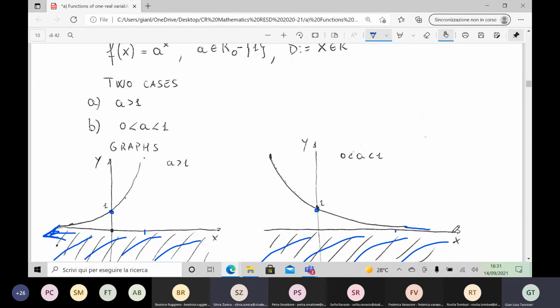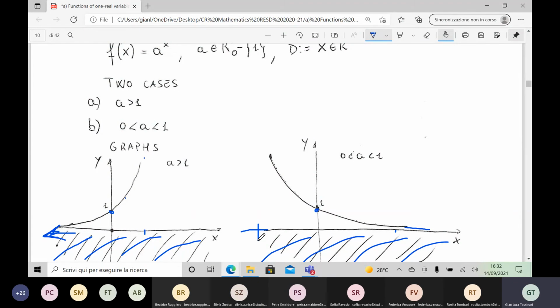On the contrary, guys, what happens when, for example, x is minus 100? Suppose minus 100 is here. What is the value of the function? Remember, we are in the case 1 over 2 to the power x.